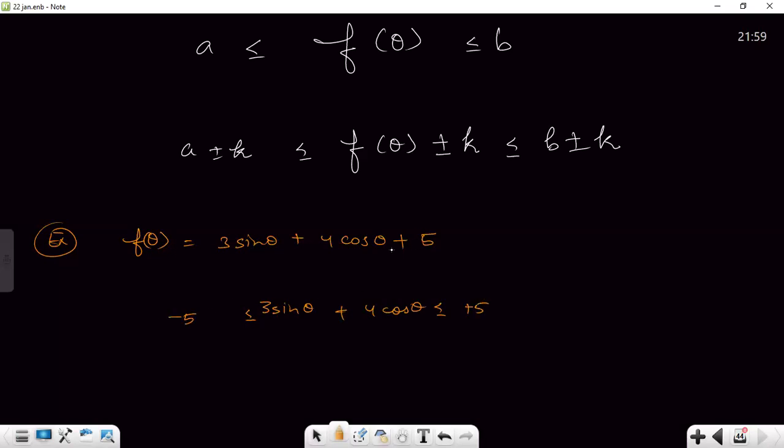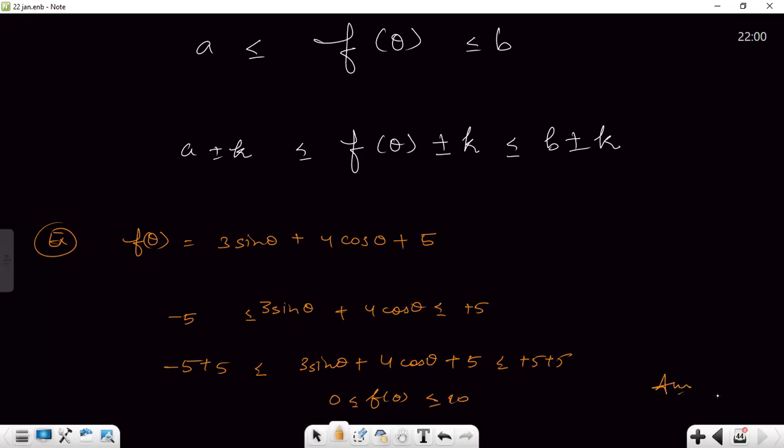But we have an additional plus 5 in the function we need to find out about. So we'll add plus 5 in all of the inequalities. So minus 5 plus 5, 3 sine theta plus 4 cos theta plus 5, and 5 plus 5. So the function that we needed to find out, its minimum value is 0, maximum value is 10.